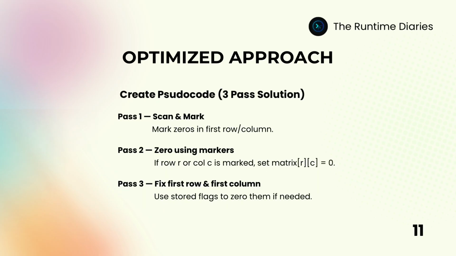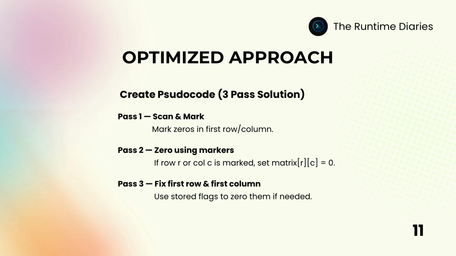The optimized solution happens in 3 passes. Pass 1. First, we check if the first row or first column originally contains any zeros. Store that in 2 Boolean flags. Then, scan the rest of the matrix. Whenever you find a 0 at position R, C, mark matrix of position R, 0 and matrix of position 0, C as 0.